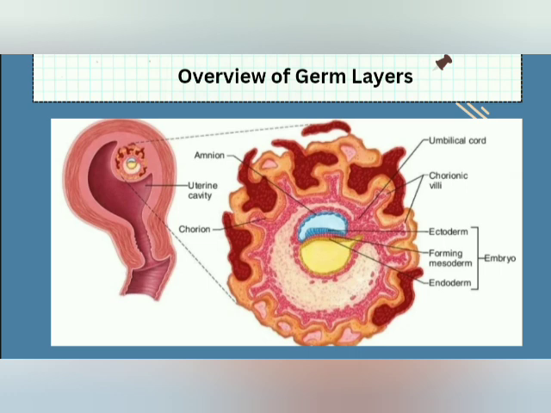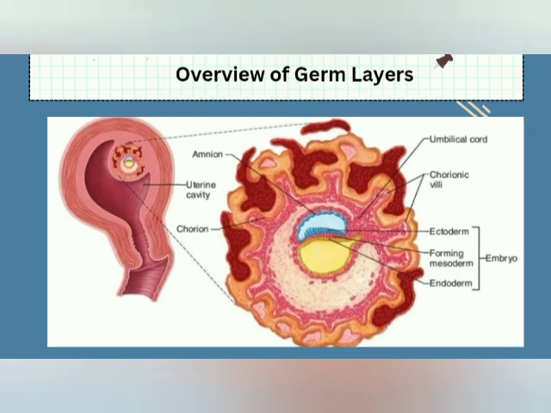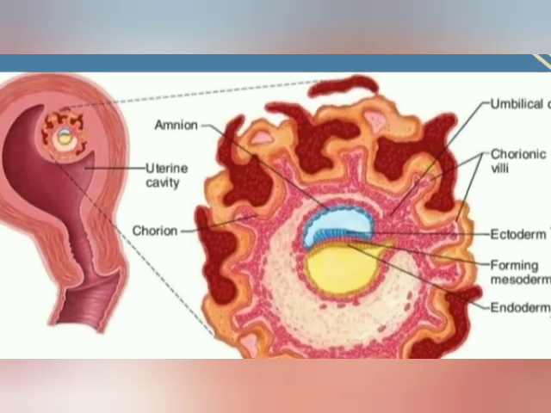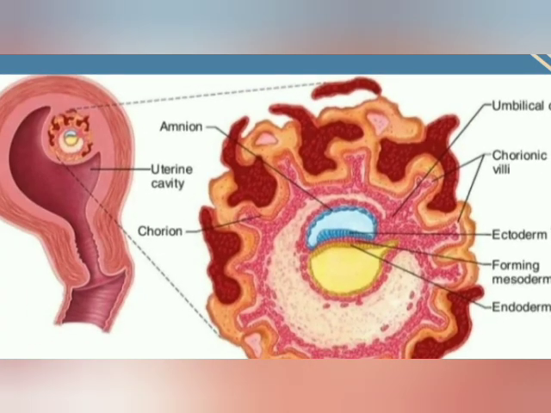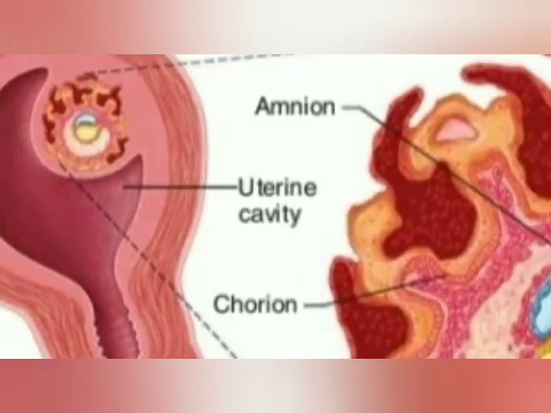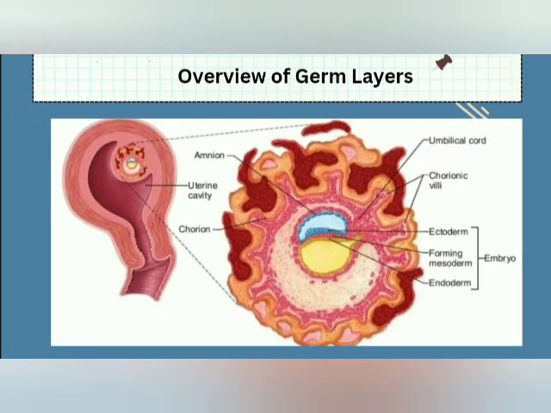This is the overview of the germ layers, where we can see the ectoderm, the mesoderm, and then the endoderm, which is the embryo. At the side we can see the chorionic villi, the umbilical cord, the chorion, the amnion, and the hollow part, which is the uterine cavity.